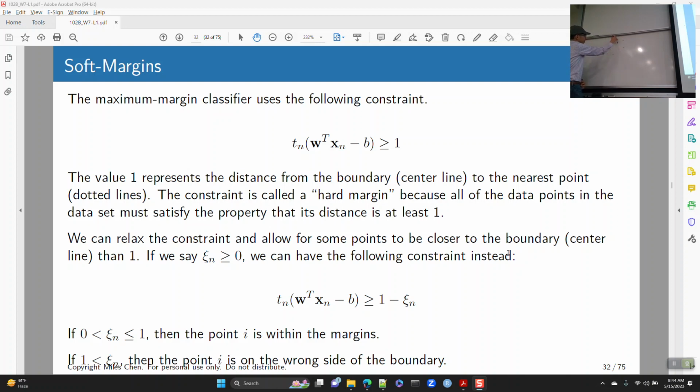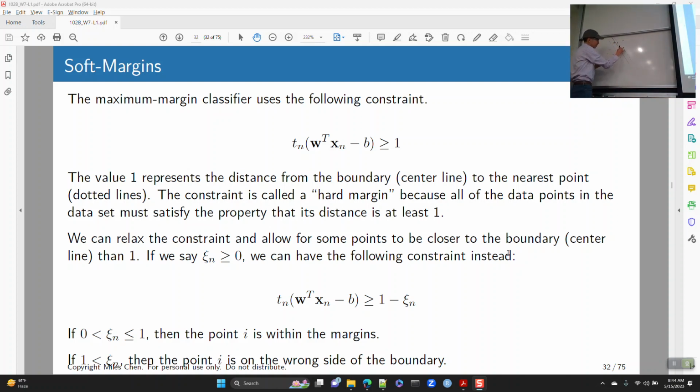So there's still some influence here, but we will allow this point to still be within the margin here, okay? And everything else is not allowed to enter this dotted line, but at this point, this can be within the dotted line here, all right?